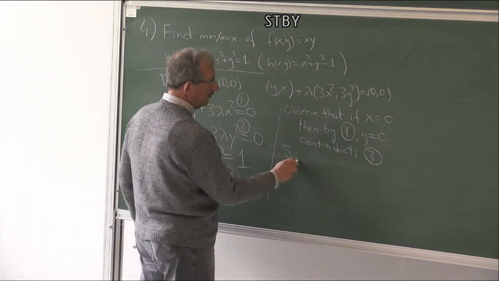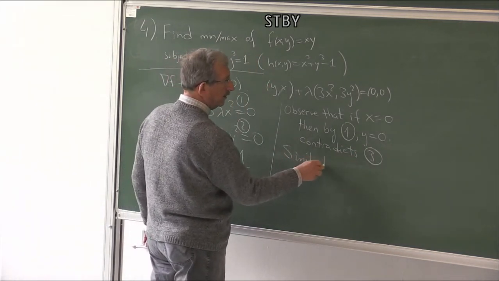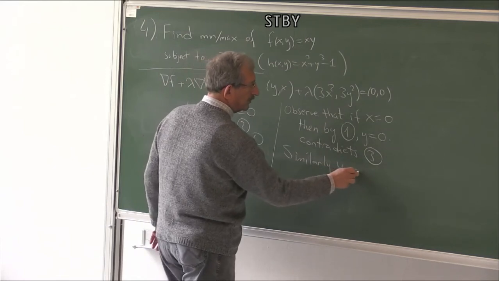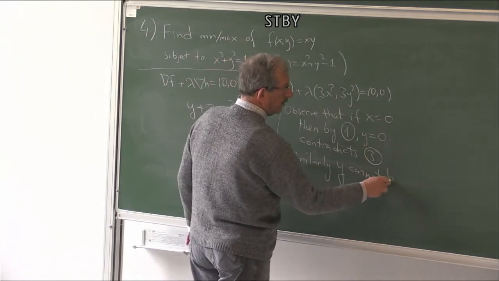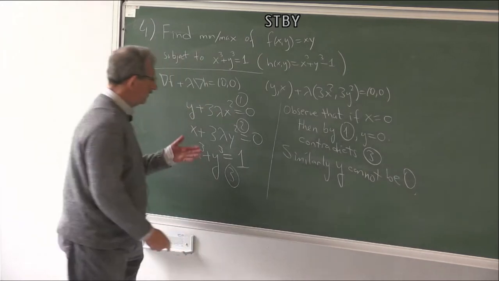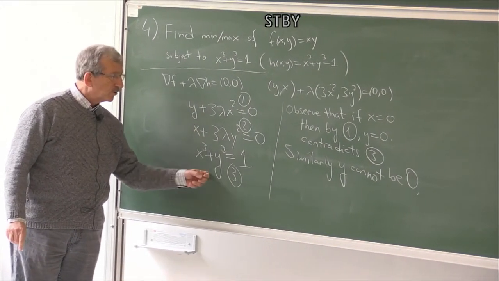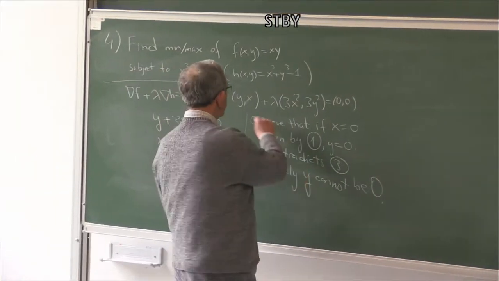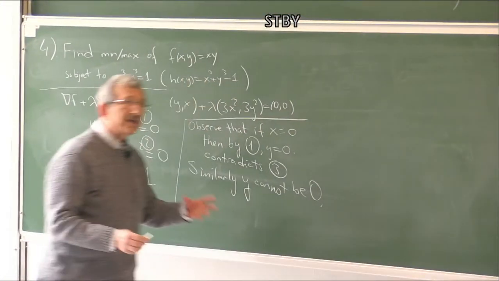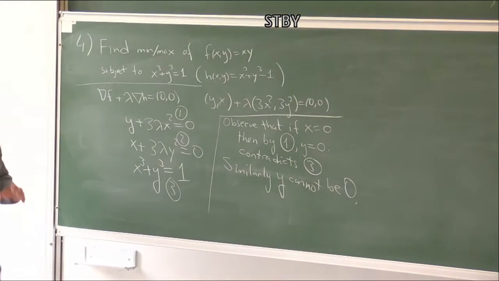Now, similarly, y cannot be 0. Because this time from 2, if y is 0, x must be 0, so it contradicts 3. So these must be non-zero values in the first place.